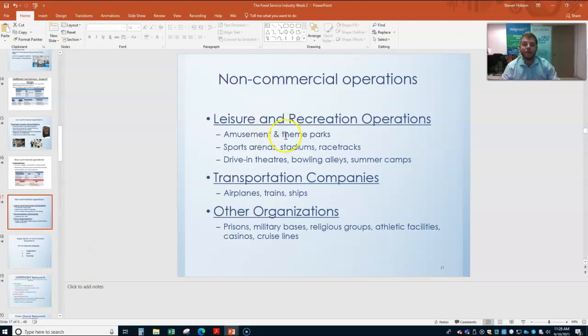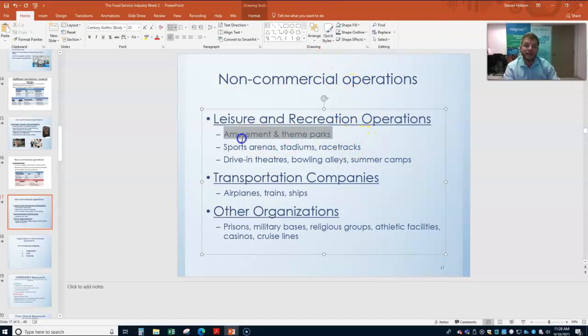So while most non-commercial operations are usually doing it because they're just trying to fulfill a nutritional requirement of their customer, some places can really take advantage and make a lot of money off it as well. We have planes, trains, ships, and then of course we have prisons and military bases and religious and athletic facilities, casinos. It is huge.